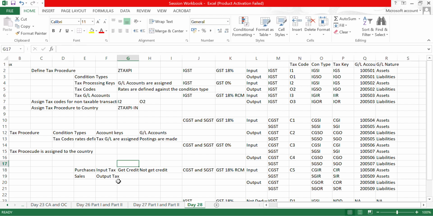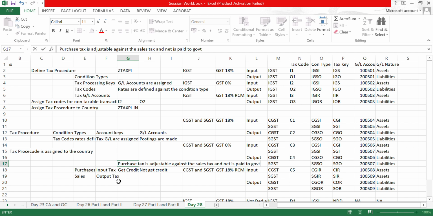Getting credit means purchase tax is adjustable against the sales tax and net is paid to government.